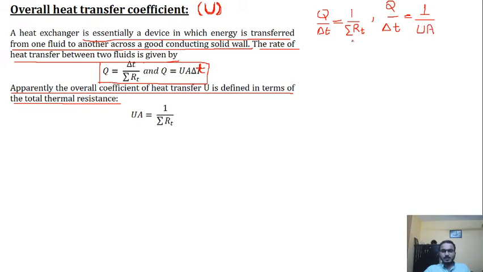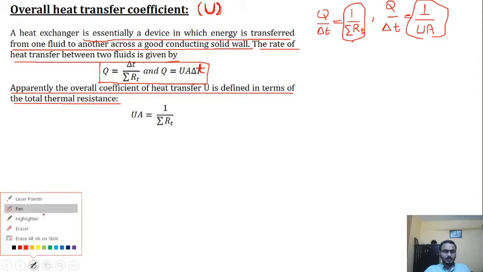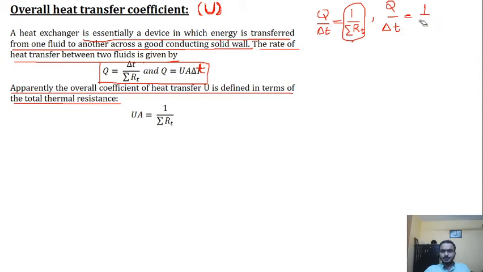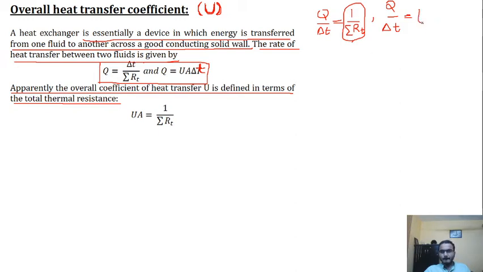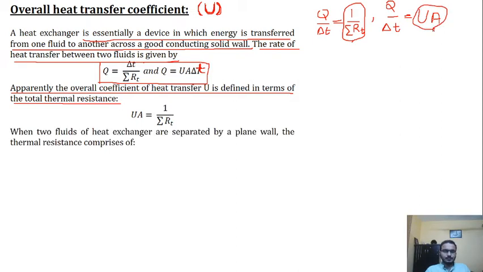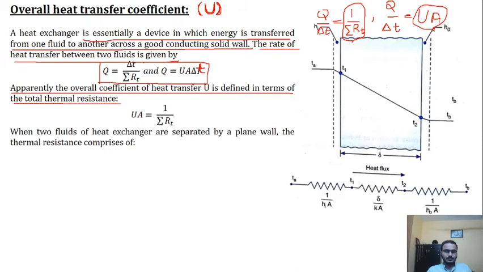So when we compare these two, both are equal. So 1 upon UA is equal to, sorry, here it should be in the numerator only. So we can easily combine them.